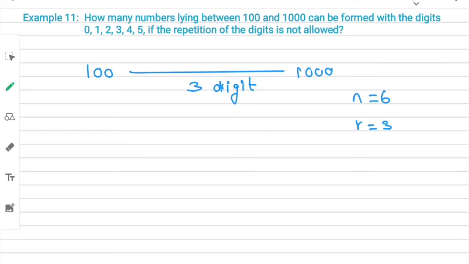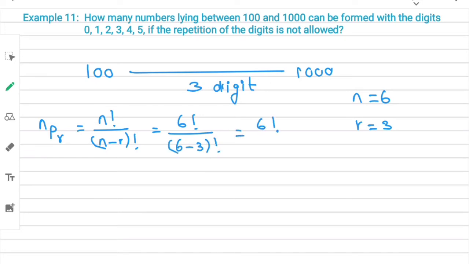First I'm going to calculate nPr. nPr is n factorial by (n minus r) factorial. That means 6 factorial by (6 minus 3) factorial. That is nothing but 6 factorial by 3 factorial.